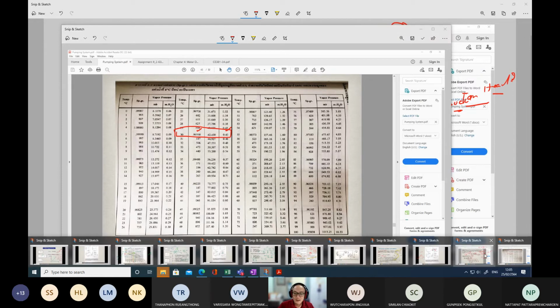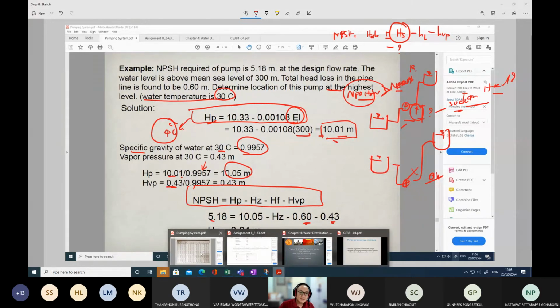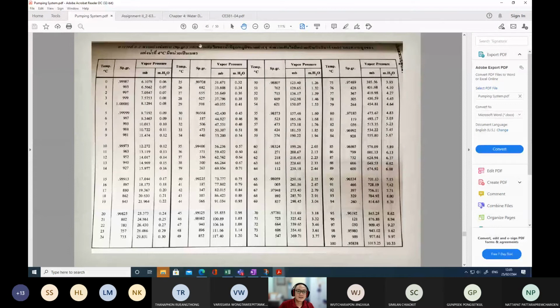For this one, we also have to correct the value, because if you look at the table title, specific gravities and vapor pressure at various temperatures, the vapor pressure is expressed in terms of millibar and water column height at 4 degrees Celsius.